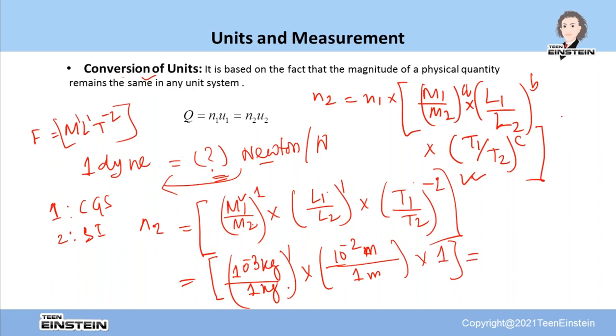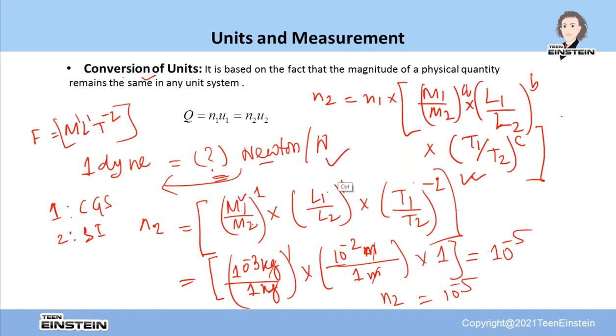Look now what I get from here. Kg goes up, meter goes up. You get only a factor or a number. This is 10 to the power minus 5. What you get is N2 is 10 to the power minus 5. That means you are just calculating in unit 2.